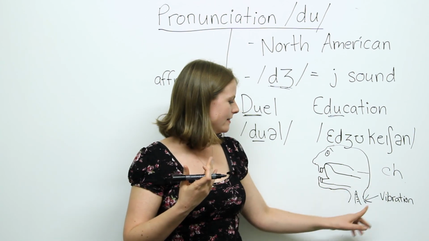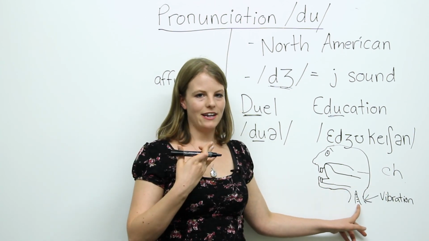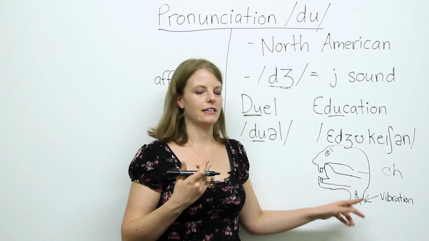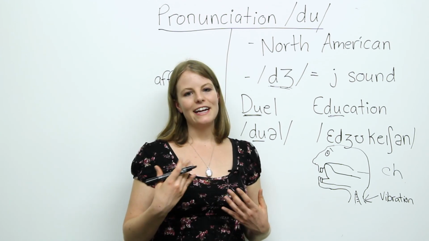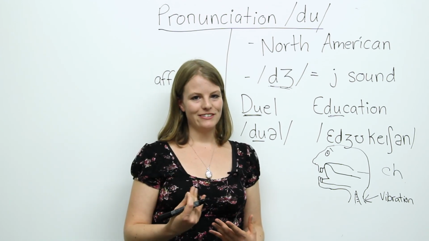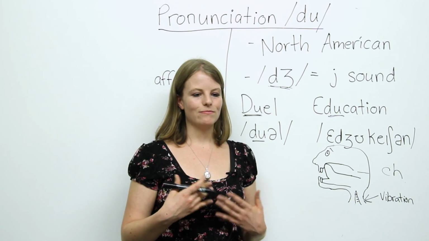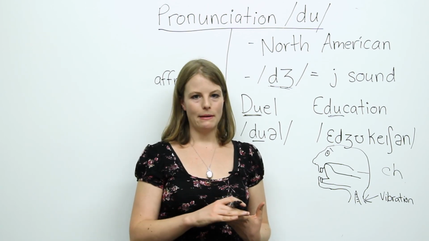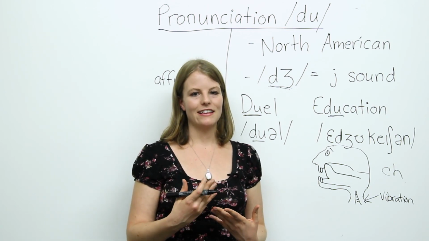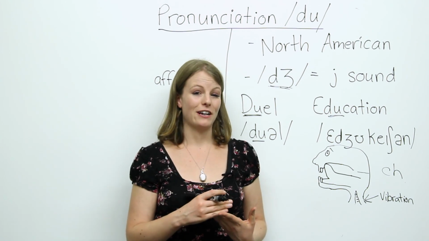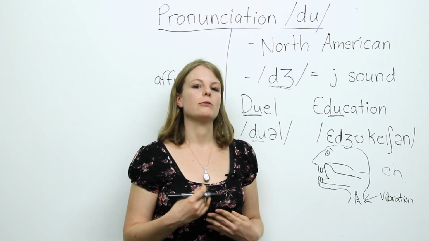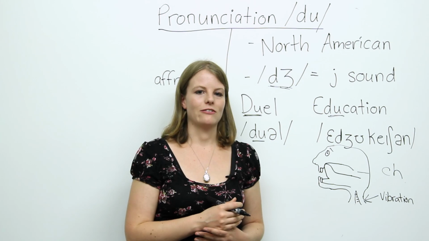The main difference is with J, it vibrates. Okay, so if you have trouble making the sound, I'm going to give the link to a website that you can check out, and this website is really, really good for pronunciation, and it can really help you with specific English sounds.